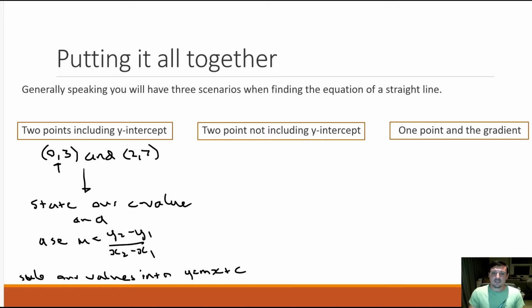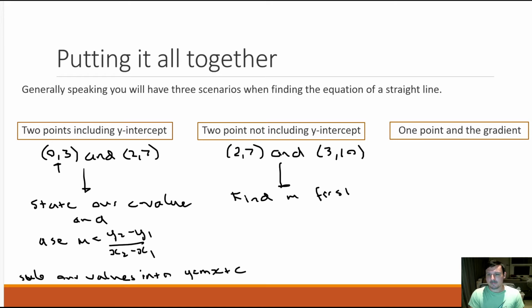We can get to our answer. If we get 2 points not including the y-intercept, so we might have (2, 7) and (3, 10), for example, we have to find m first, and then sub m and a point to find c.